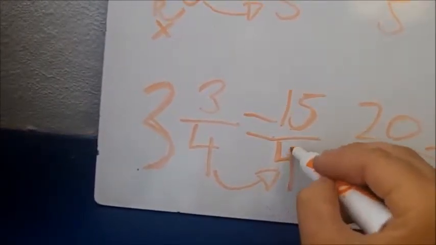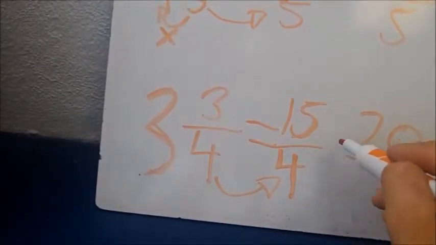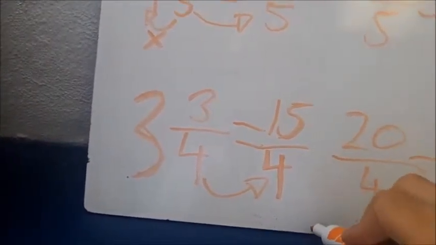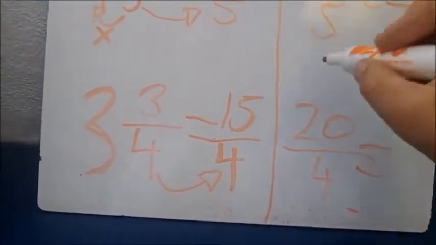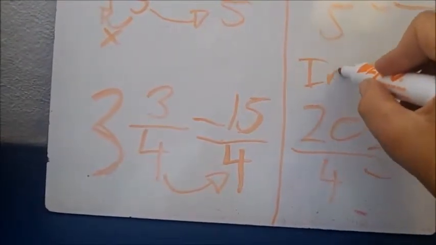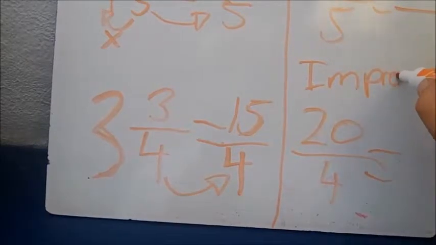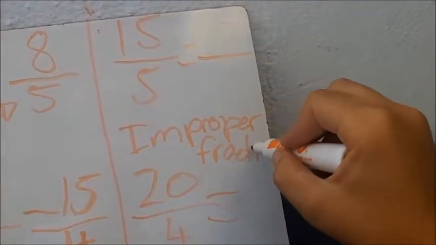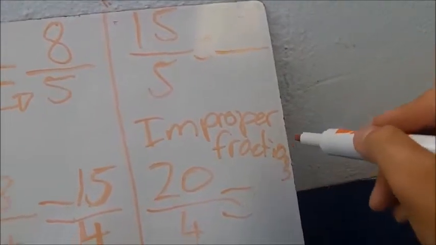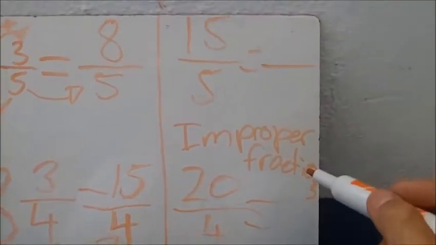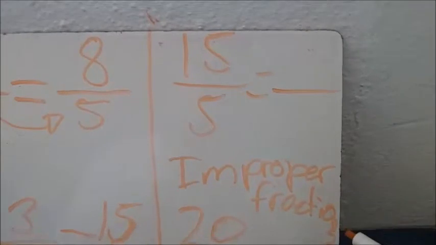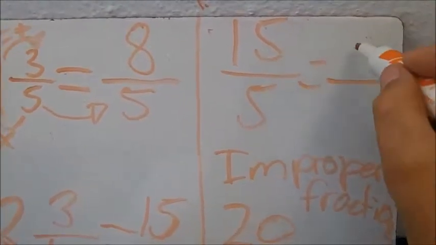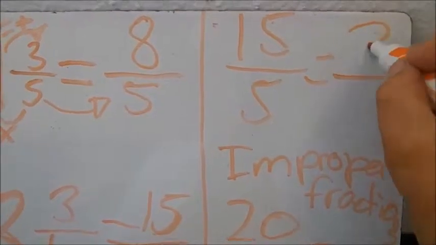Okay, now we're going to show you how to change an improper fraction to a mixed number. Okay, so at the top we have 15 over 5. So what you do is basically 15 divided by 5, which would be 3, and the bottom would stay the same.